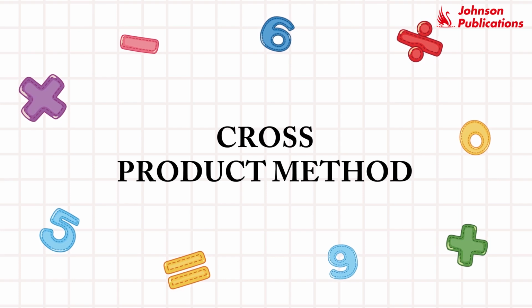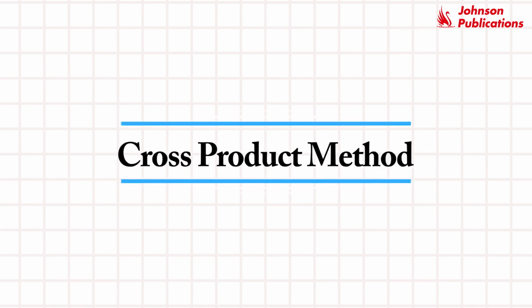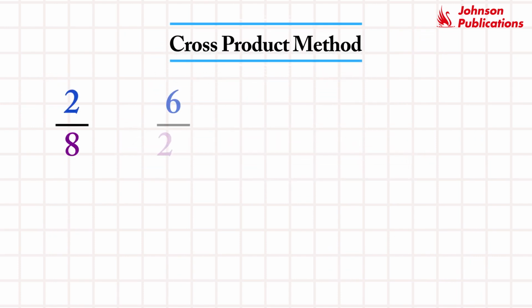Finding equivalent fractions using cross product method. Let us consider these two fractions and check if they are equivalent. Multiply the numerator of the first fraction by the denominator of the second fraction. We get 48.